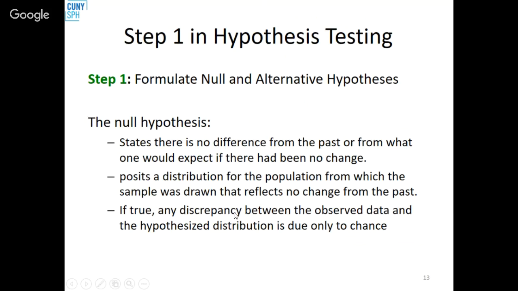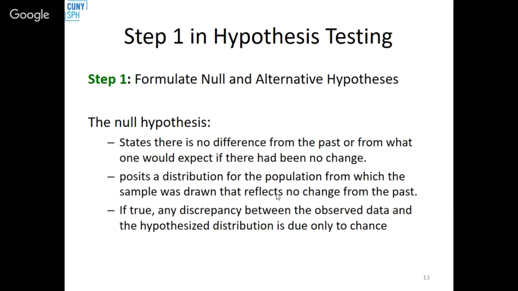And if it is true, then any discrepancy between your observed data and the hypothesized distribution is due only to chance, only to sampling variation. So if your null hypothesis is true, then any difference between your sample mean or proportion that you observe is only due to sampling variation.